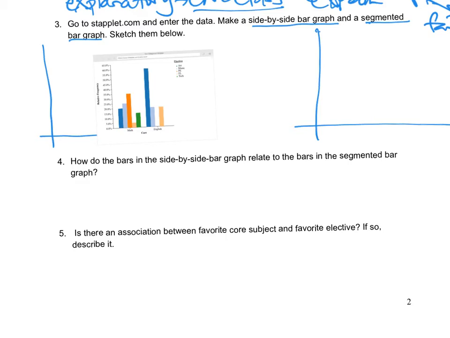The proportion of them. So you would have the blue, and then the next one would be bigger with the light blue. And if you didn't have colors, you could do it that way. You could do maybe dots or something. So it would look like the segmented bar graph.